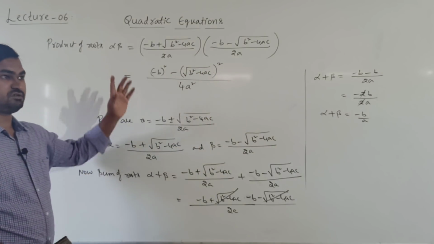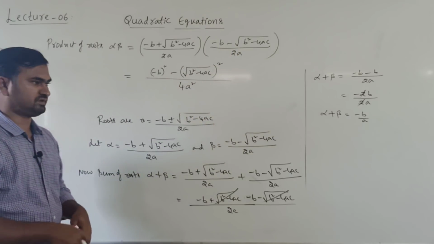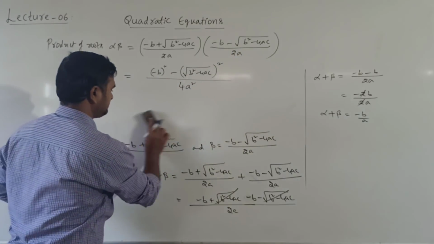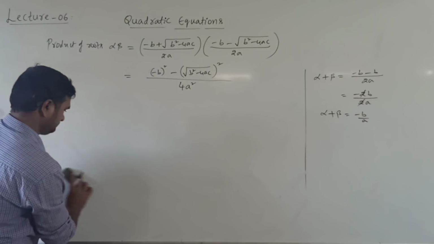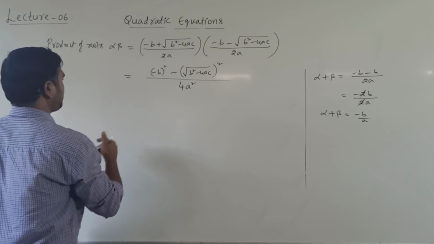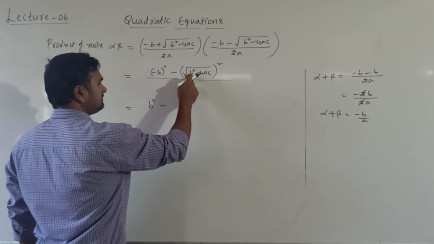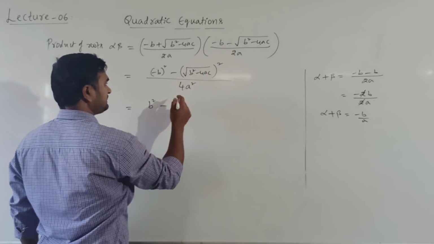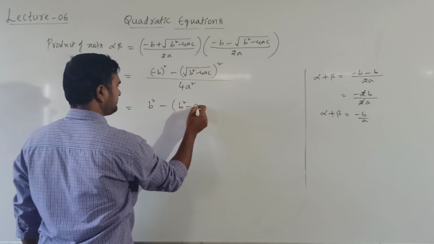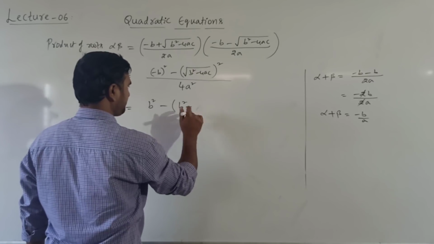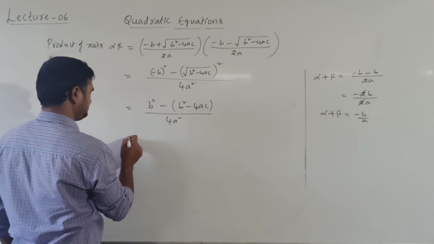Okay. The numerator is in the form of (a plus b) into (a minus b), which we can write as a square minus b square. So simplified, we get the product of roots: minus b whole square is b square, minus root of b square minus 4ac whole square; root and square cancelled, minus is there, so b square minus (b square minus 4ac), divided by 4a square.